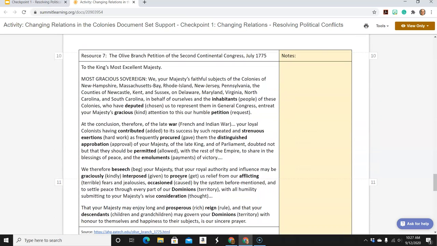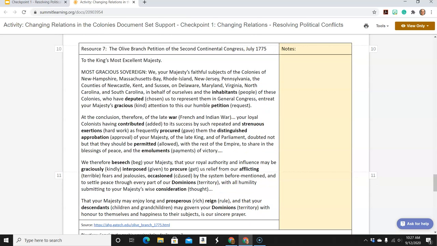Resource 7 is the Olive Branch Petition of the Second Continental Congress to King George. And what they are saying is, take a look at the conclusion, the second paragraph down: "At the conclusion, therefore, of the late war," which is the French and Indian War, "your loyal colonists have contributed to its success by such repeated and strenuous exertions." That means they fought in the war.